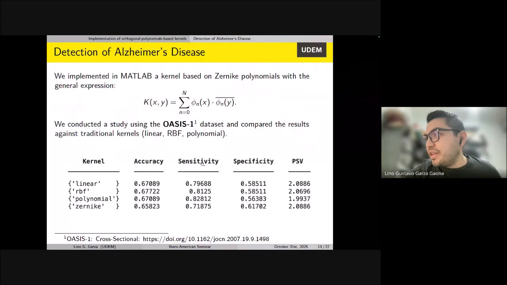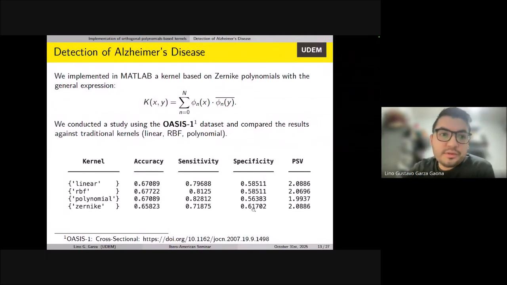Then we have the sensitivity, which is how many true positives you classify, which is again the lowest. But then we have the specificity, which is the true negatives, and here it has the best result.